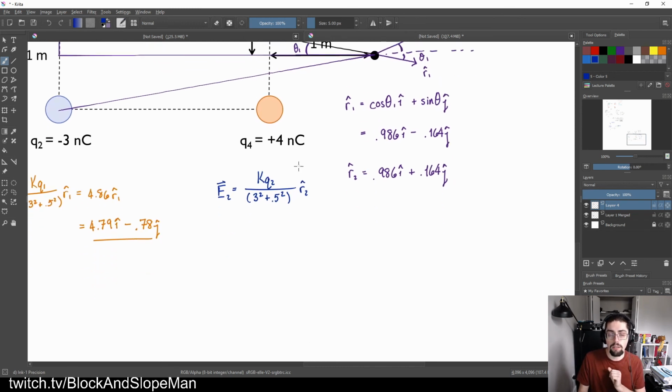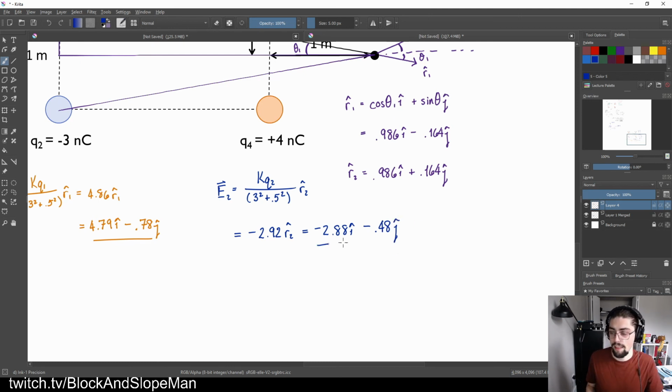So here, since we're plugging in negative 3 nanocoulombs, what we're going to find is that our magnitude right before we plug everything in is negative 2.92 times R2 hat. Go ahead and plug that in, and we should find negative 2.88 I hat minus 0.48 J hat. And that's where the negatives come from.